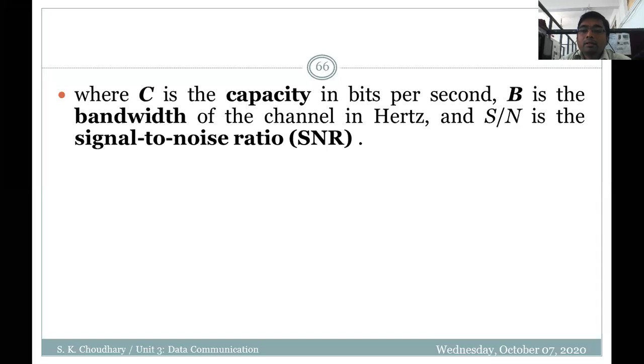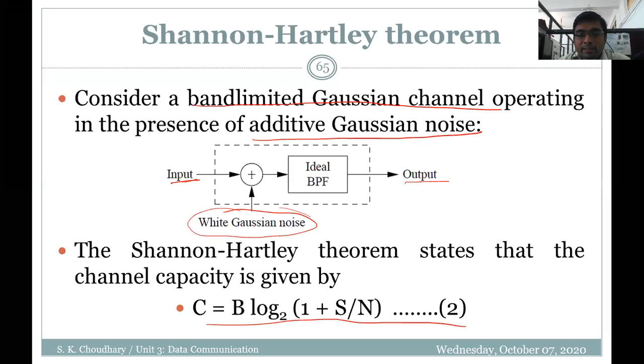That could be represented in the linear form, which is unitless, and if it is represented on the decibel scale, the unit is dB. Okay. So this equation is very important. The channel capacity defined by Shannon-Hartley, B log base 2 of 1 plus signal to noise ratio.